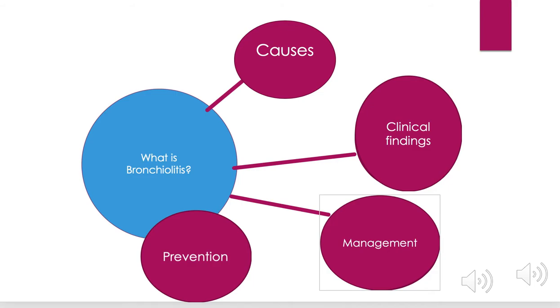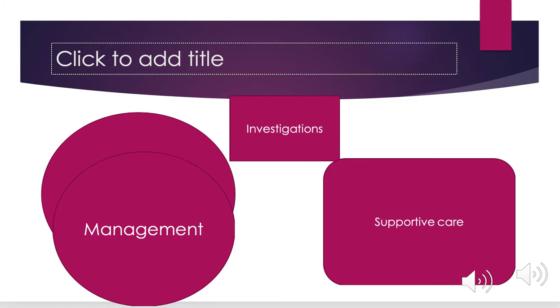What about management? Now, there has been extensive research that has gone into looking at the management aspect, and I would like to break that down into investigations and supportive care.